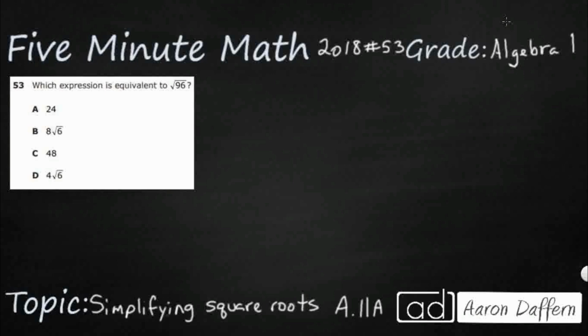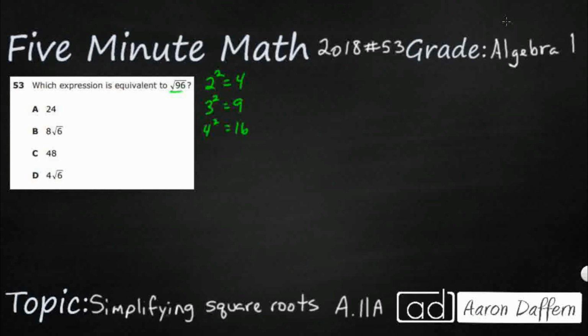So we need to find an expression that's equivalent to the square root of 96. What I suggest here is we just list out our perfect squares. We're going to see if we can factor this 96 into one of these perfect squares times something else. Since this is a radical expression, we don't need a decimal equivalent.